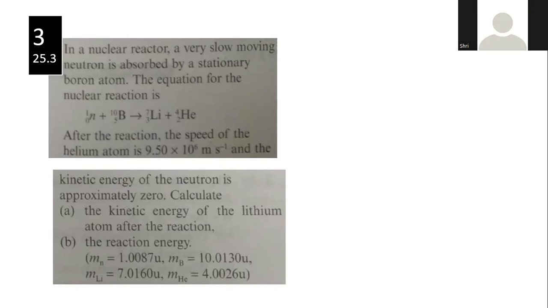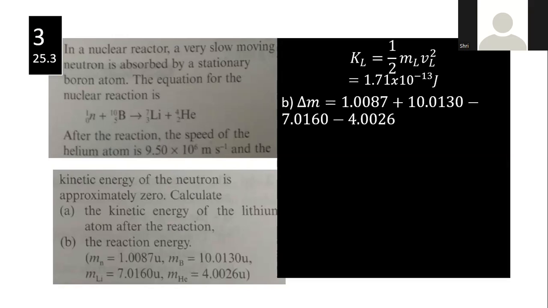Just calculate the mass defect. Mass of neutron, mass of boron. Mass of neutron is there. Mass of boron, and subtract mass of lithium. Subtract mass of helium. That's your mass defect.